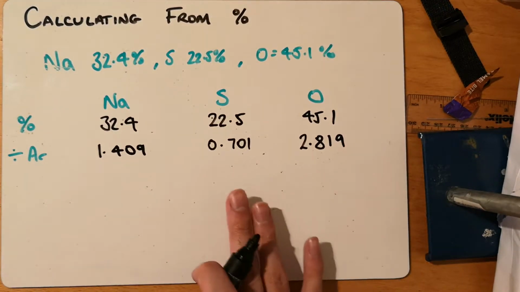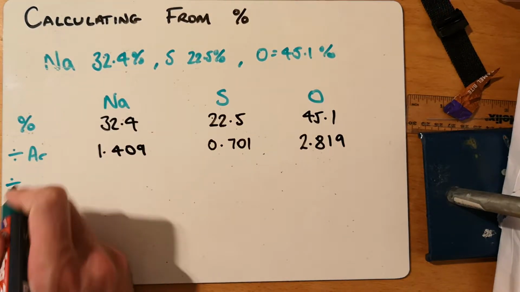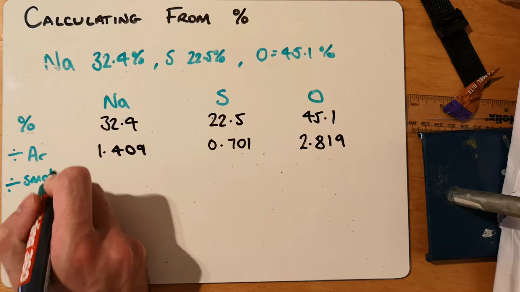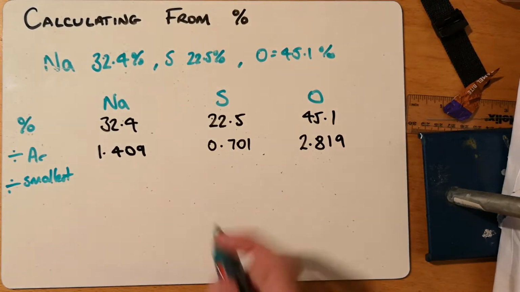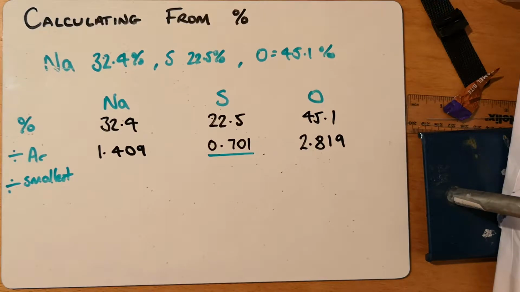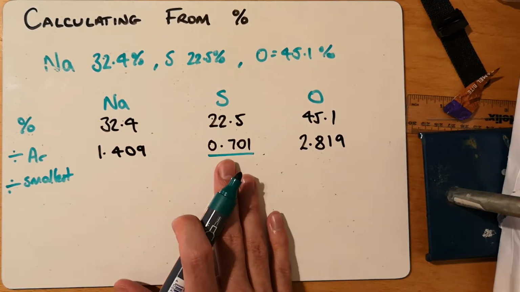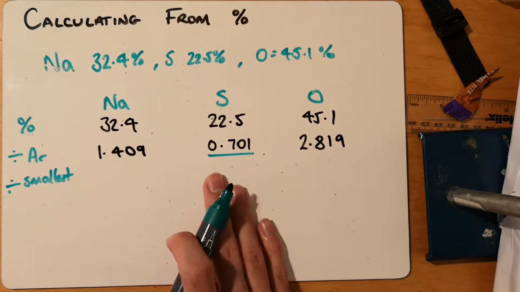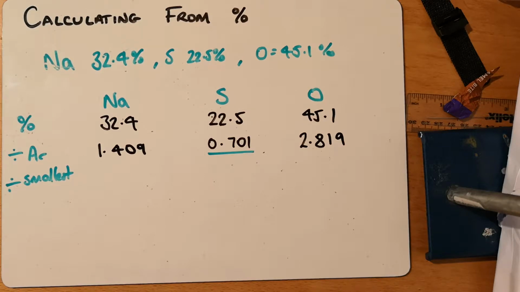Once we got to this next stage now, what we're going to do is divide them all by the smallest answer. So each one of these is going to get divided by the smallest, and I can see the smallest is this sulfur here. So I'm going to divide sodium by 0.701, 0.701 by 0.701, and 2.819 by 0.701.